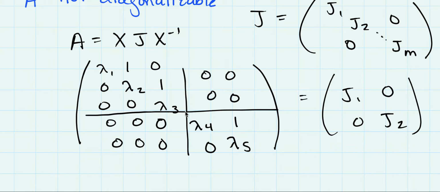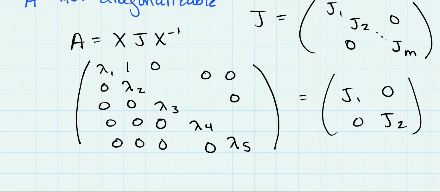Here I have a 3 by 3 Jordan block, and here I have a 2 by 2 Jordan block, and so we can think of these as entries in a 2 by 2 matrix. These are just block matrices, and you can see these block matrices look like a diagonal matrix when we put them all together as blocks like this. You could have something instead. Let's put a 0 here. Let's put a 1 here. Leave that one alone.